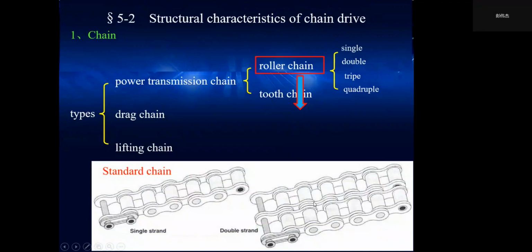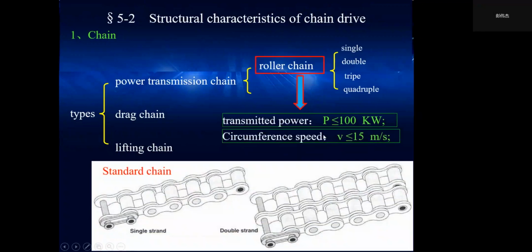The power transmission capacity of roller chain is usually below 100 kilowatts, and the chain speed is less than 15 meters per second. Its transmission efficiency is about 96%. This is for the roller chain.